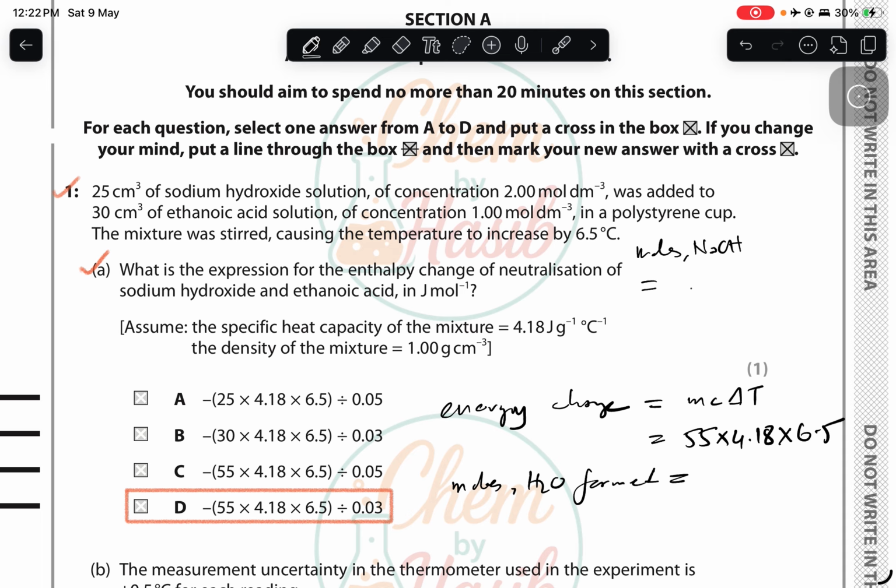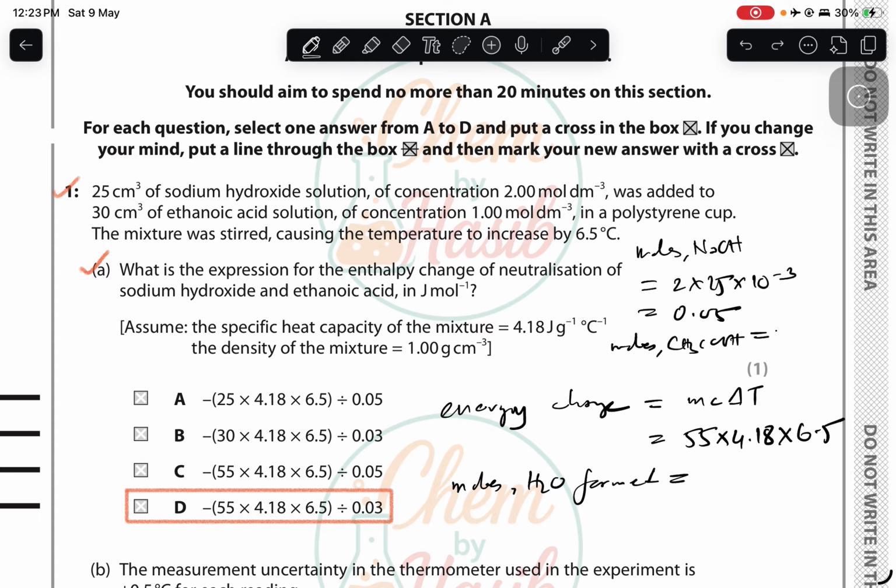Moles of sodium hydroxide is 2 multiplied by 25 into 10 to the power minus 3. If you calculate this, 2 into 25 divided by 1000 will give you 0.05. Then you also calculate the moles of ethanoic acid, which has a concentration of 1 and a volume of 30.